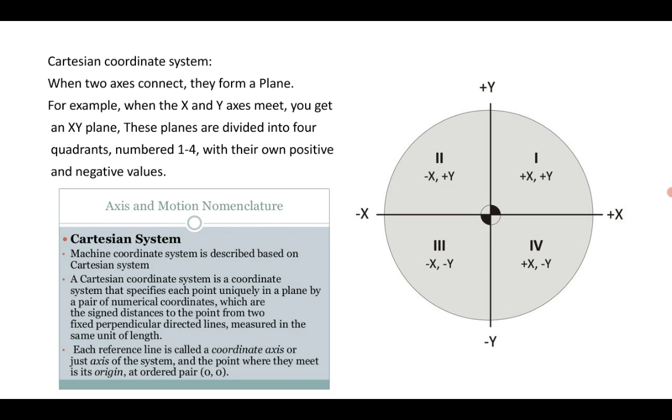Each reference line is called a coordinate axis or axis, and the point where they meet is the origin, that is at 0, 0.